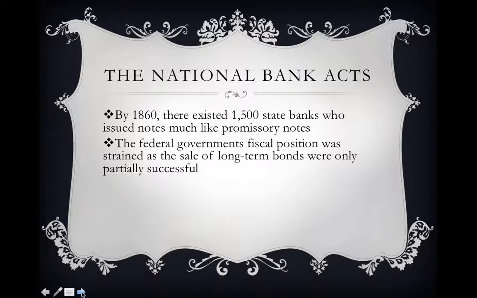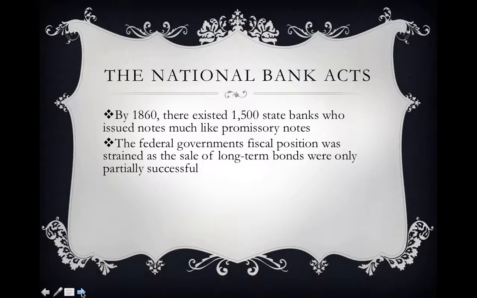All right. Also, during this period, realize that the federal government was also having difficulties raising money because there were no large financial institutions. There were only smaller state banks, and the government had difficulty selling long-term bonds because there just were not financial institutions large enough to purchase bonds from the federal government.